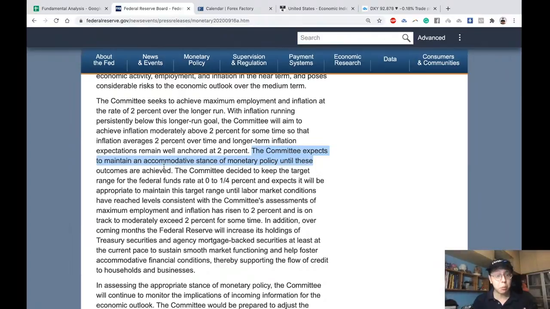They want to support the economy, they want people to spend more. So when the central bank says they are in an accommodative stance or an easing policy, these are the keywords. It means they are, number one, cutting interest rate, number two, printing money. These are the keywords you need to know.